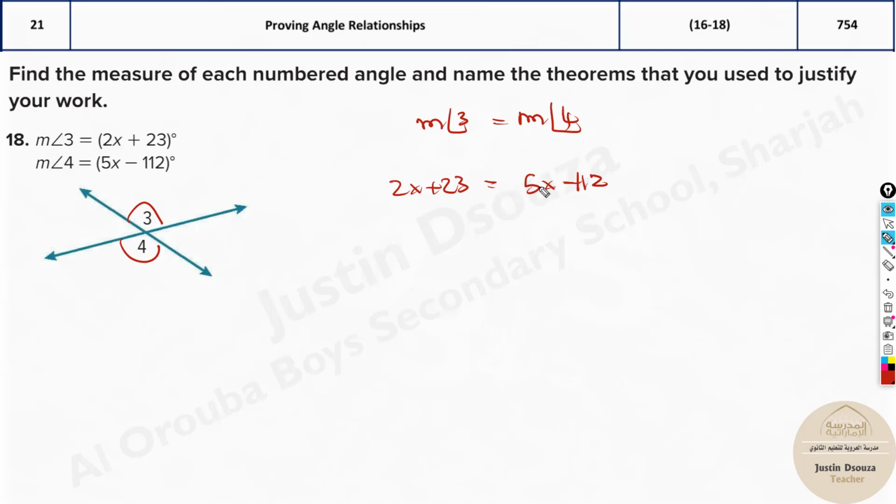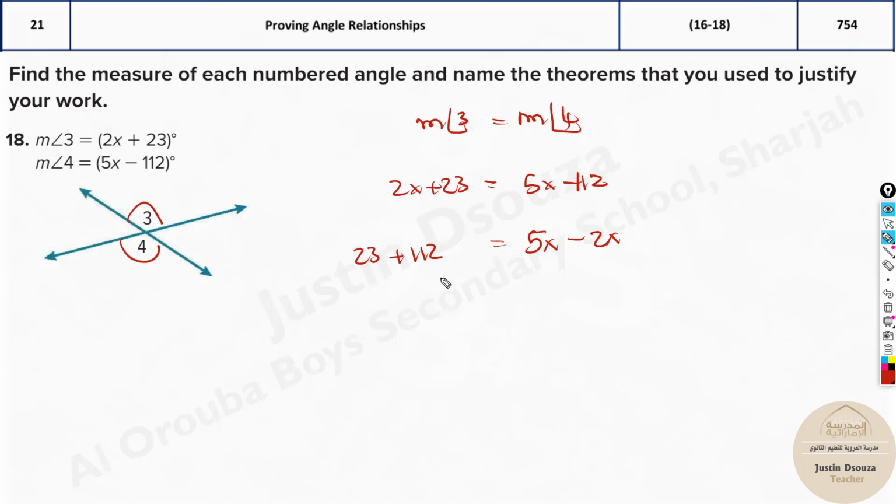So let's solve it up. Wherever x is higher, which is the coefficient of x having higher value, 5x, leave it over there. 5x remains over there, and the 2x moves to the other side, it becomes minus 2x, and this negative 112 to the other side. It's the most important way to know where exactly the 5x is. Leave it, everything else to the other side will be 23 plus 112.